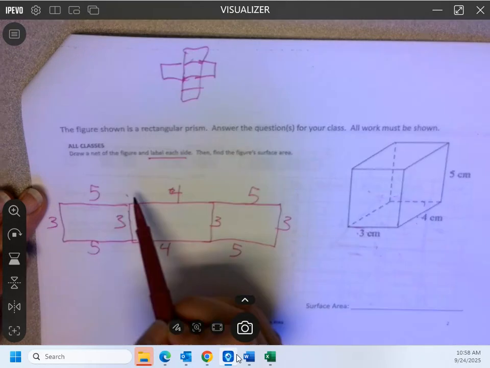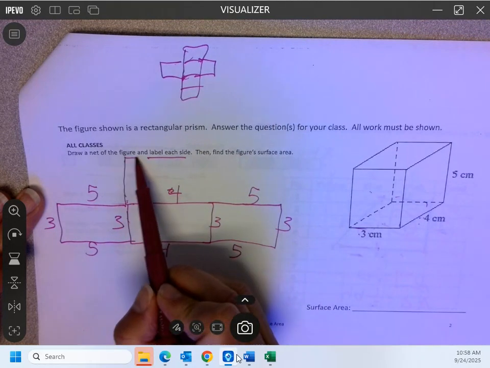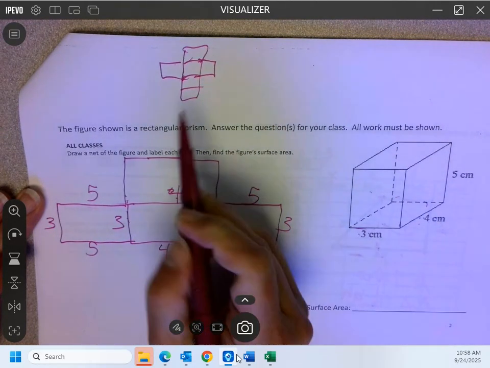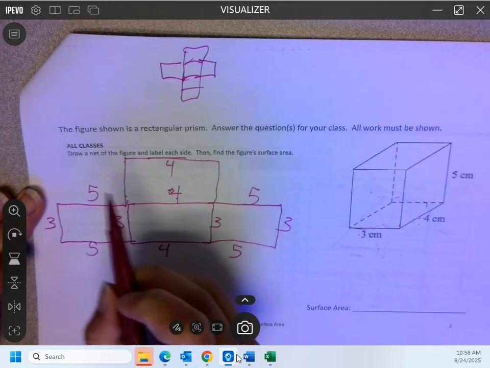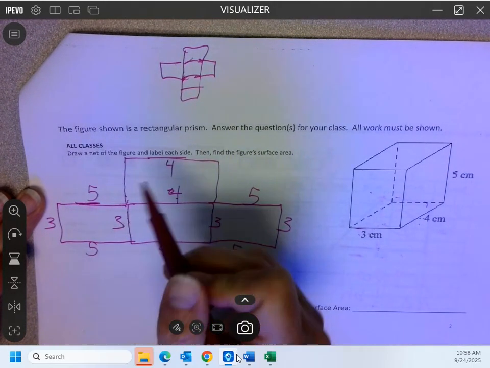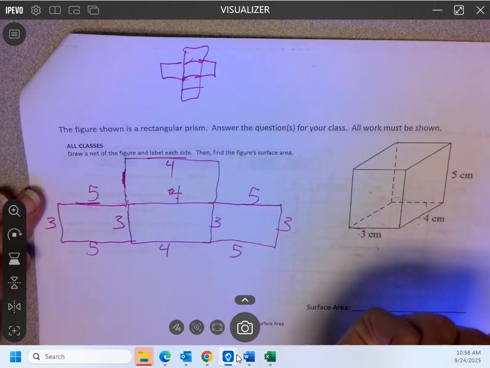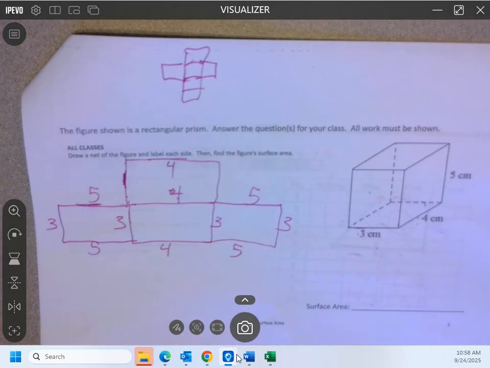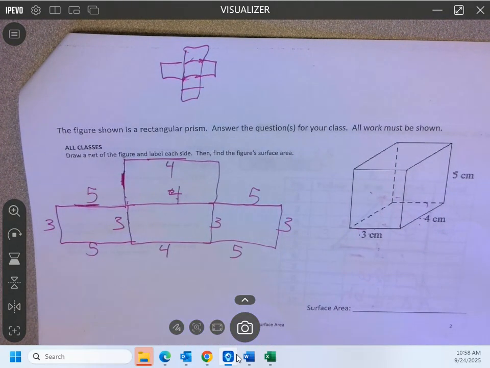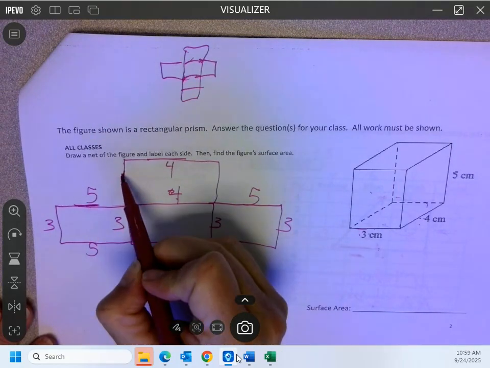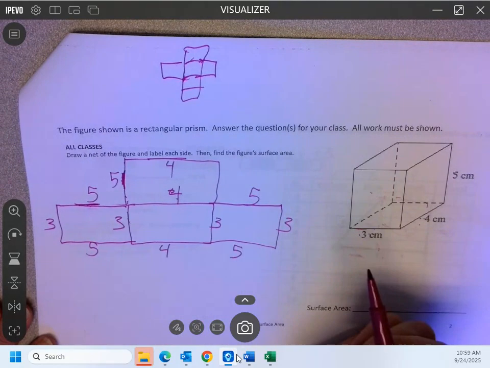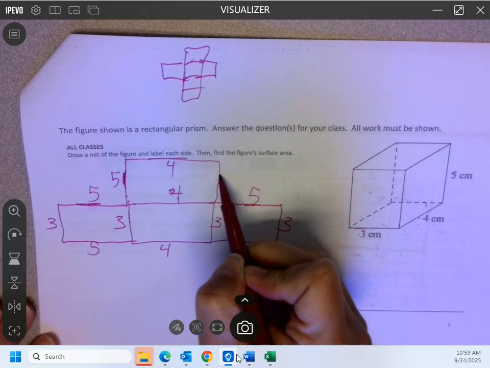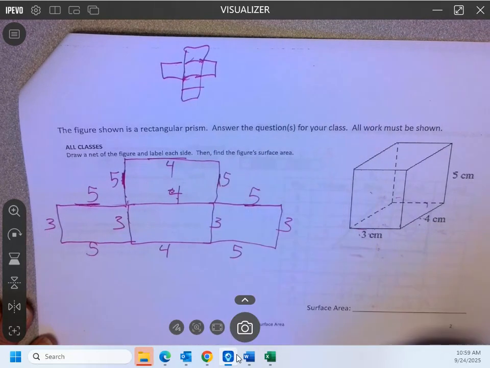Now I have my top side. If I have a 4 here, I'm going to have a 4 here. If this side is a 5, this side has to match it because my box folds up evenly. So if this is a 5, this side has to be a 5.